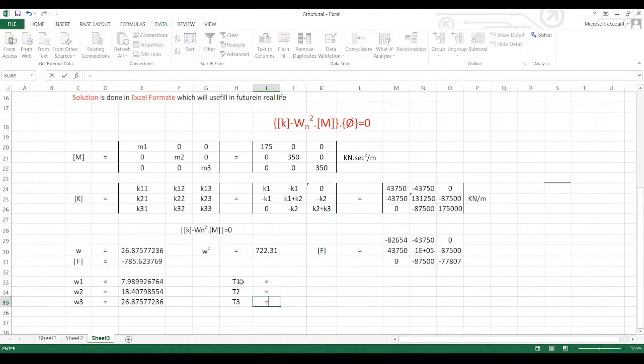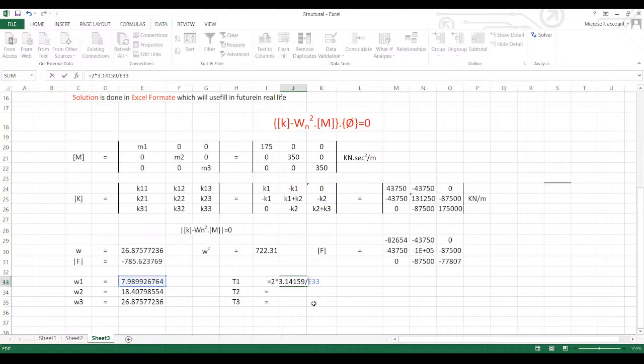T1 is equal to 2 pi by omega 1, is equal to 2 into pi value, 3.14159, into omega, this 50. 2 pi by omega we have to put, okay?